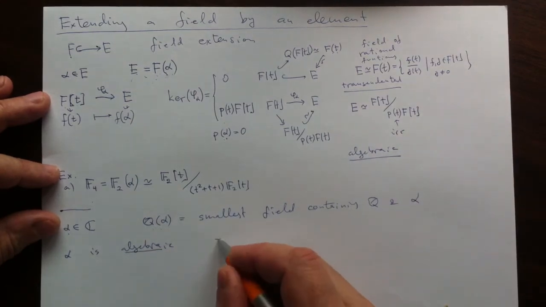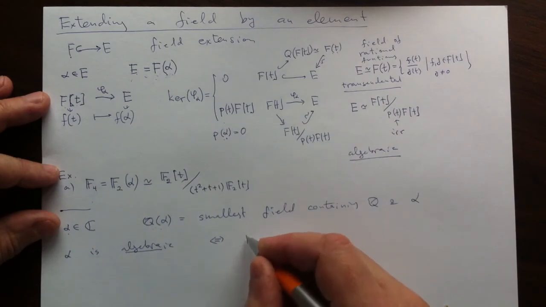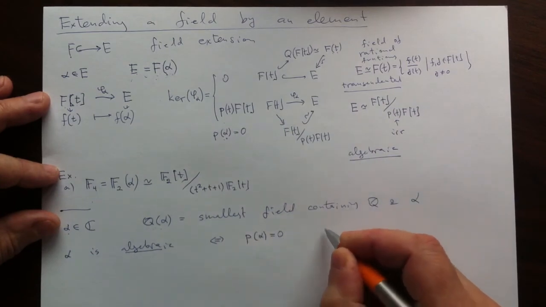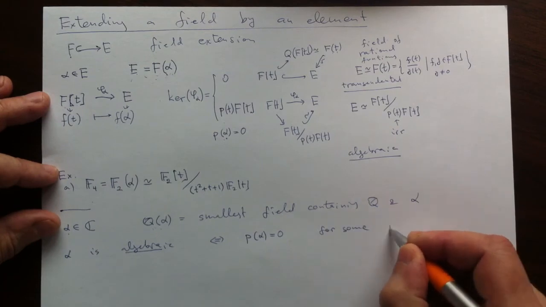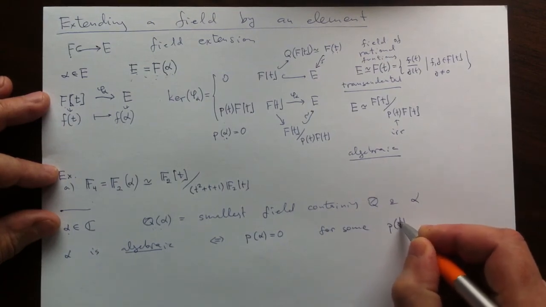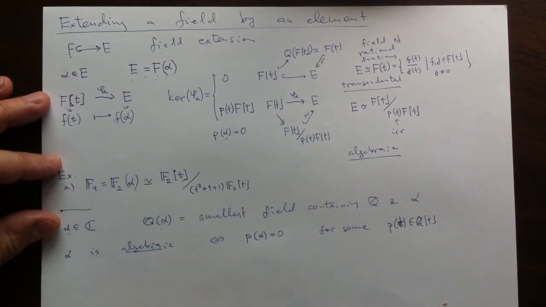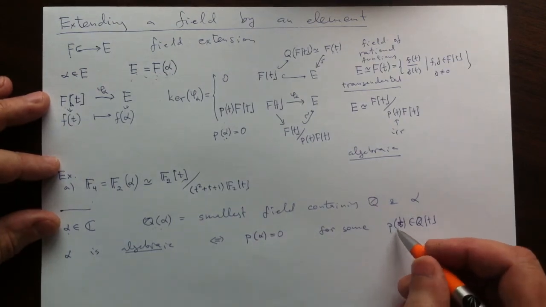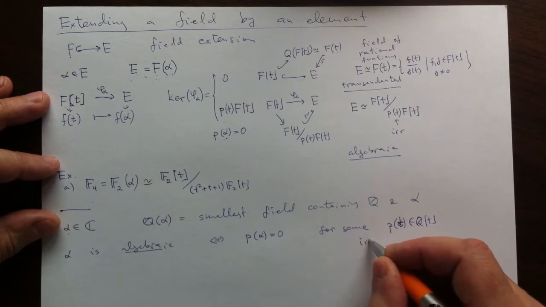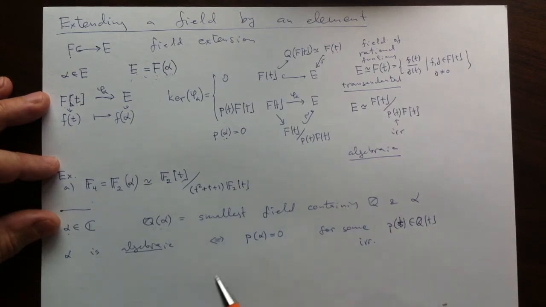And that means, literally, if we unpack the statement, that there is a polynomial with rational coefficients for which alpha is a root. So algebraic numbers, and that is a historic definition of them, are roots of polynomials with rational coefficients, or with integer coefficients for that matter. And we can always choose this polynomial to be irreducible. If it's not, we can look at its irreducible factors and choose the one for which alpha is a root.